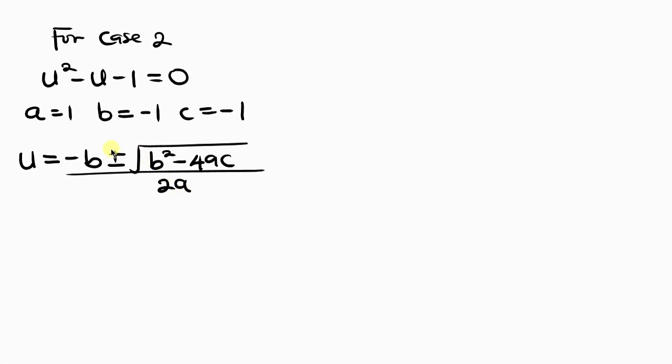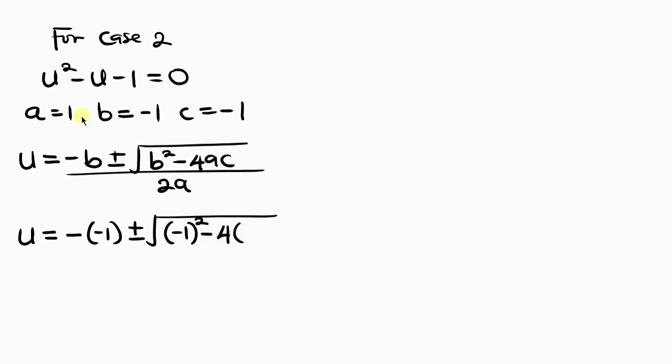Now let's substitute into this quadratic equation. So the value of u is equal to minus b. What is b? b is -1, so I'm going to be putting -1 there, plus or minus the square root of b squared. b is -1, so I'll put (-1) squared, minus 4 times a.